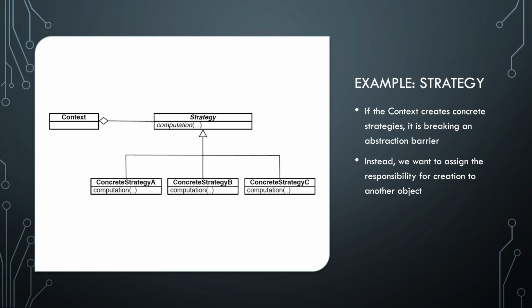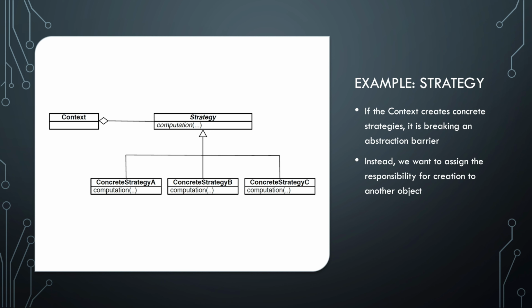The strategy is a good example of this. The context doesn't know anything about the concrete strategies, because there's an abstract class that encapsulates that variation. The problem is that if the context is also required to create these concrete strategy objects, it still needs to know which concrete strategies exist, and that breaks the abstraction barrier.